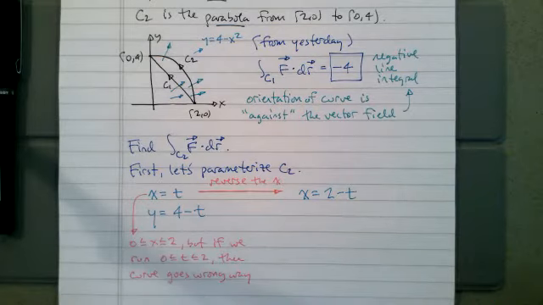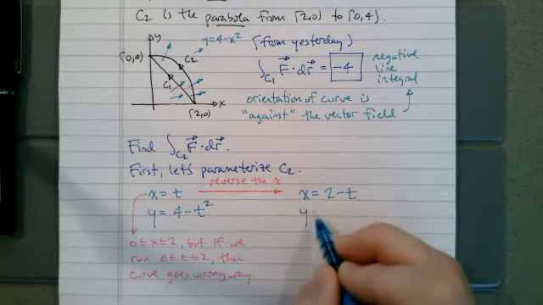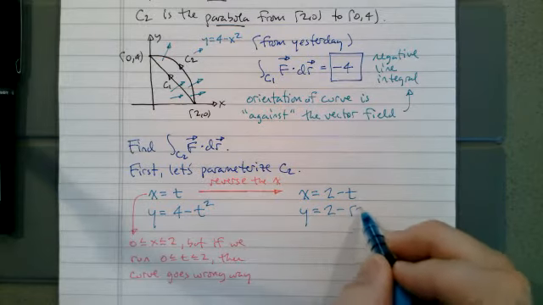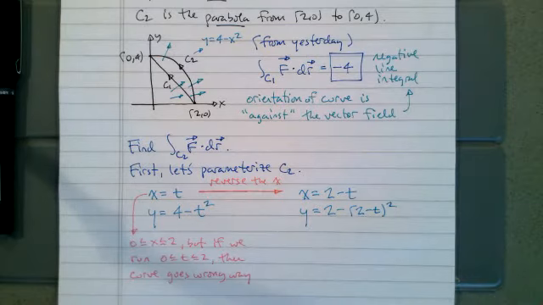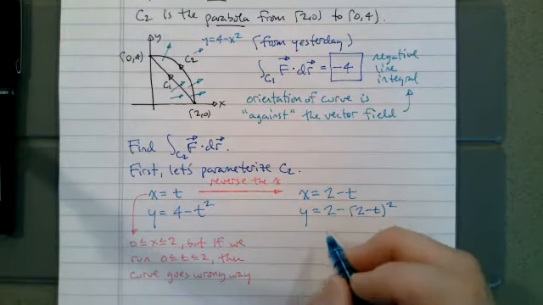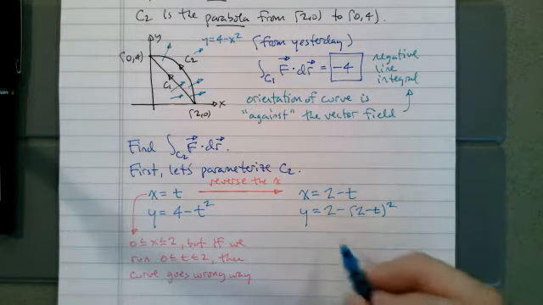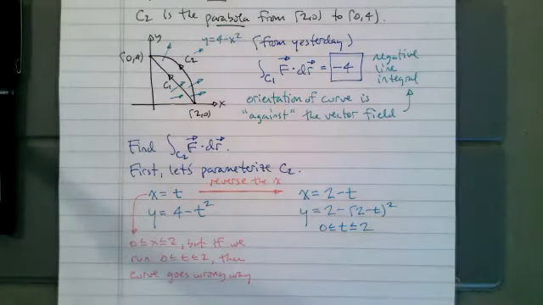And we're going to write y as 4 minus x squared. In this case, x is 2 minus t. So now we have an expression for x and an expression for y. We have a domain of t's to plug in. We'll just integrate from t equals 0 to t equals 2.